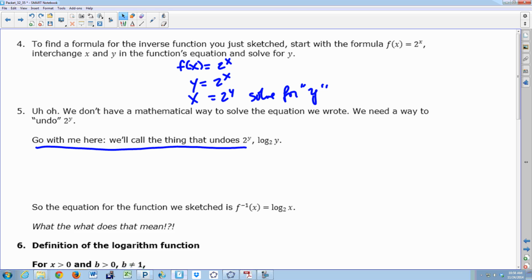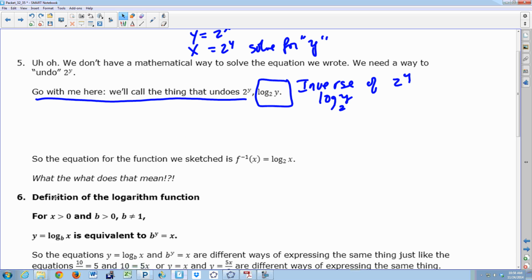So we call the thing that undoes 2 to the y, log base 2 of y. That's going to be the inverse of 2 to the y. It's called log base 2 of y.